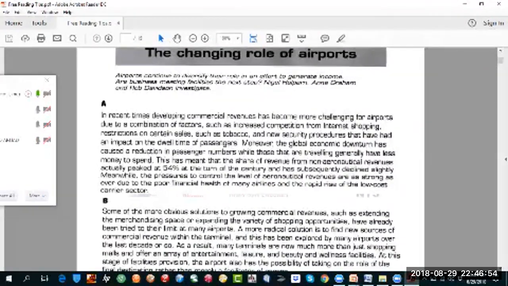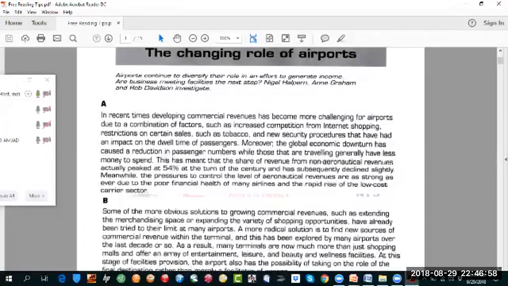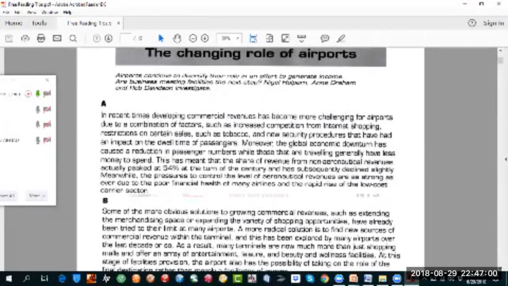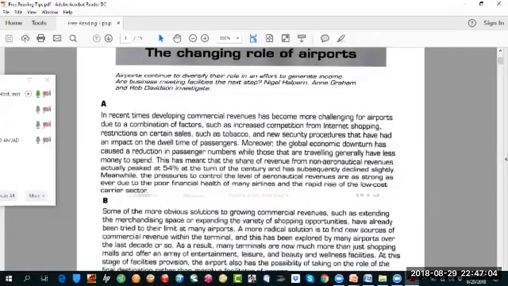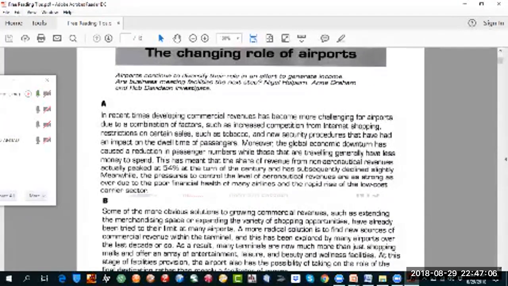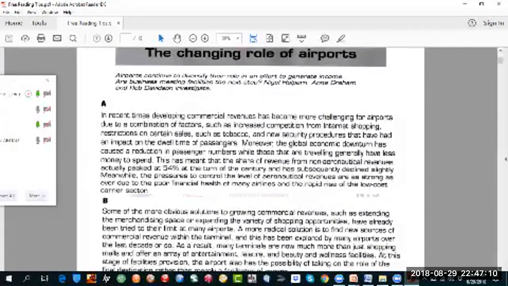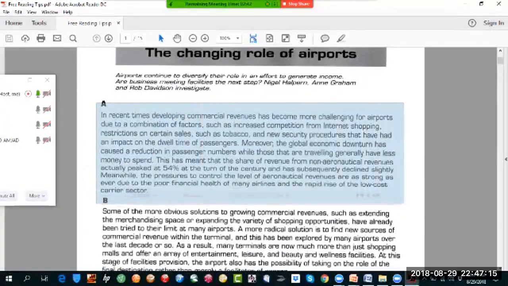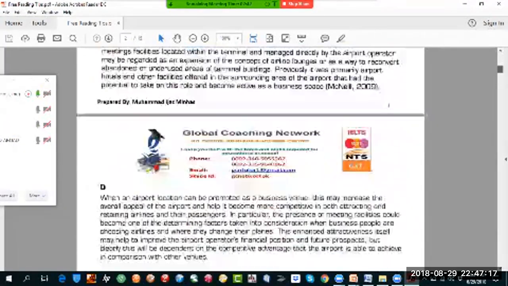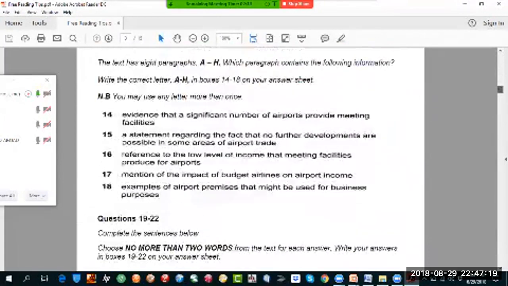In all three sections, there's one such section which contains this trick. And many students get stuck in that part. They waste a lot of time in that. Just imagine reading paragraph A three times to find the answers for these three sets of questions.